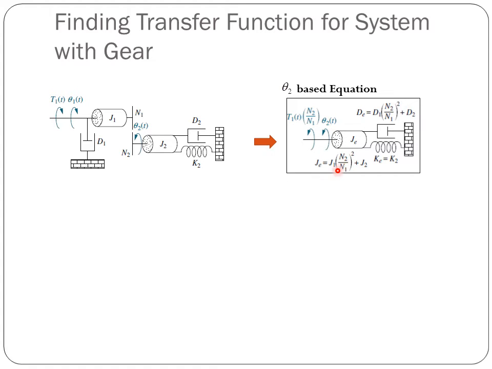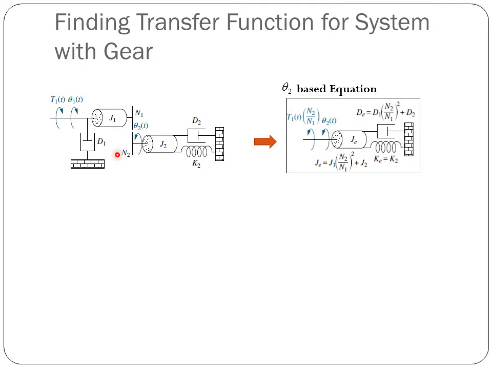Okay, so this is the inertia we are getting, the equivalent inertia on the right side. So you cannot just use J2, you have to include J1 as well. Whatever impedance is lying on the left side, you have to include it on the right side, but you have to transfer it. So this is the equivalent inertia Je.